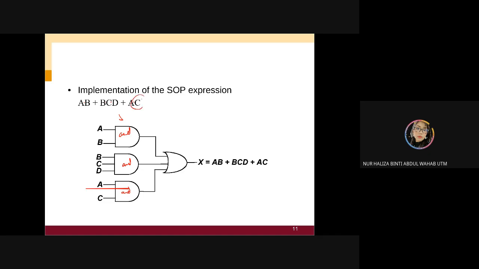And all these product terms, you add, which is the sum, an OR gate. Later, you will see the difference with the POS circuit. Before we look into the POS circuit, later we go back to this slide.